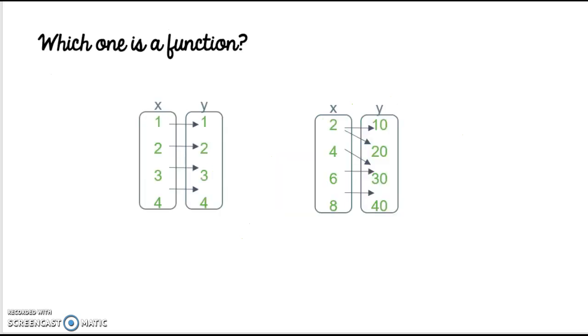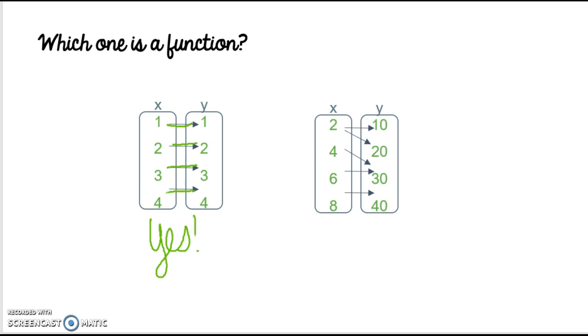So which one is a function? I want you to go ahead and take a look at these, and we'll come back in just a second with some answers. All right, so which one is a function? The one on the left is a function because every x has exactly one y.